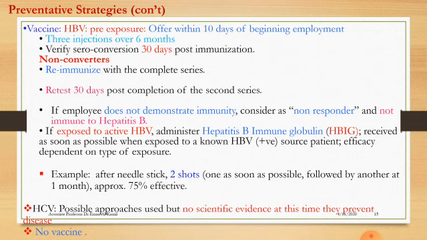So if the patient is a non-responder, non-immune against hepatitis B, and is exposed accidentally to infection, we are going to give him 2 shots of immunoglobulin, one immediately after the exposure, and the second one after 1 month.